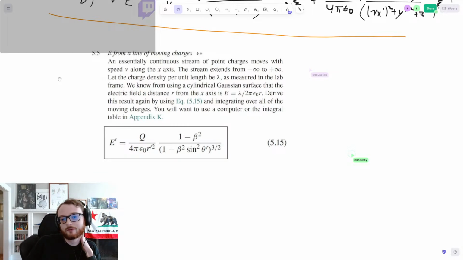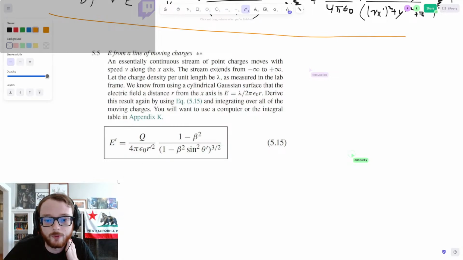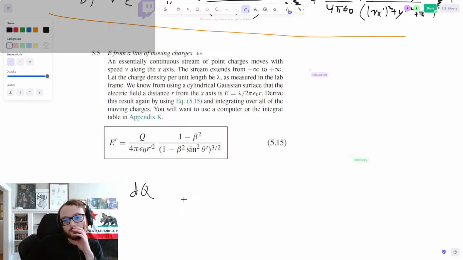So we need to figure out what dq is, with respect to r and theta. I don't know how to work that out though. I don't know what to do with this.